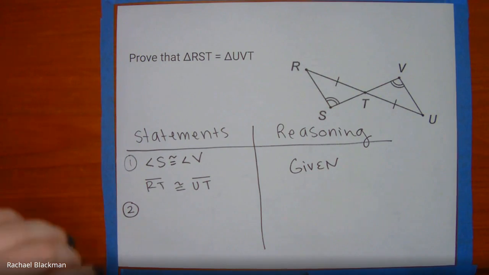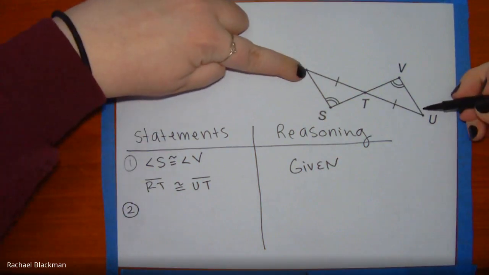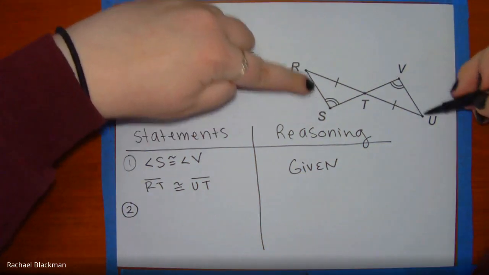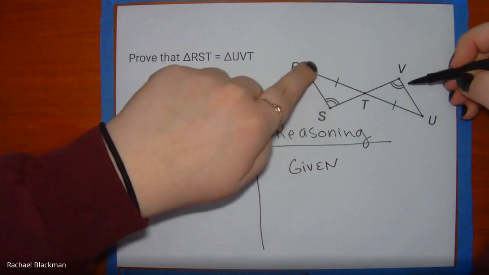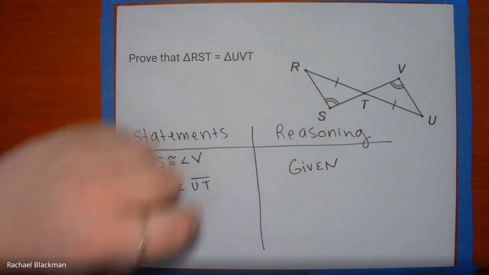Angle R and angle U. Again, I don't know if these are parallel lines. If we knew that these two were parallel lines, then we could say something about alternate interior angles.